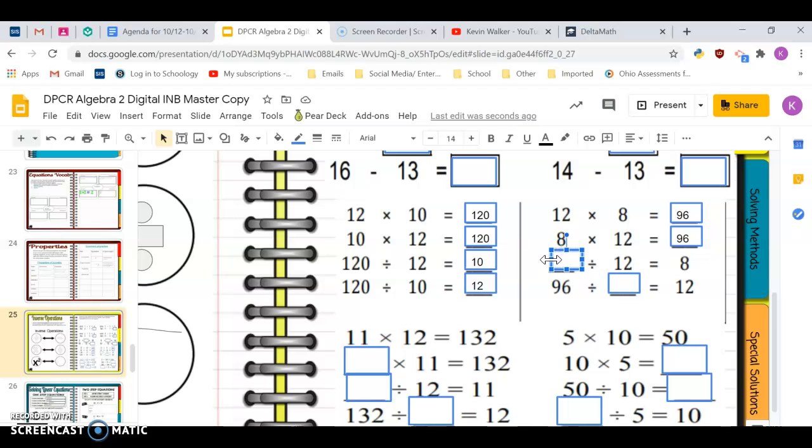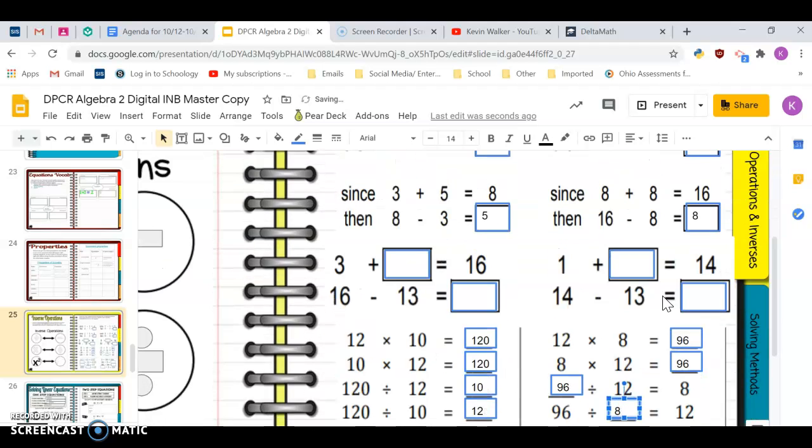If I thought about my times tables, I would know that the only number I can divide by 12 and get 8 is 96. Likewise, the only number I can divide 96 by and get 12 is 8. So, pretty simple, pretty easy.